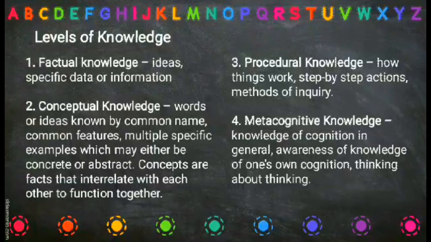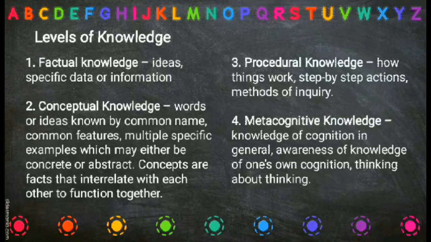Levels of knowledge. First is factual knowledge. It's ideas or specific data or information. To put it simply, factual knowledge is a knowledge that derives from facts. Next is conceptual knowledge. It's words or ideas known by common name, common features, multiple specific examples, which may either be concrete or abstract.